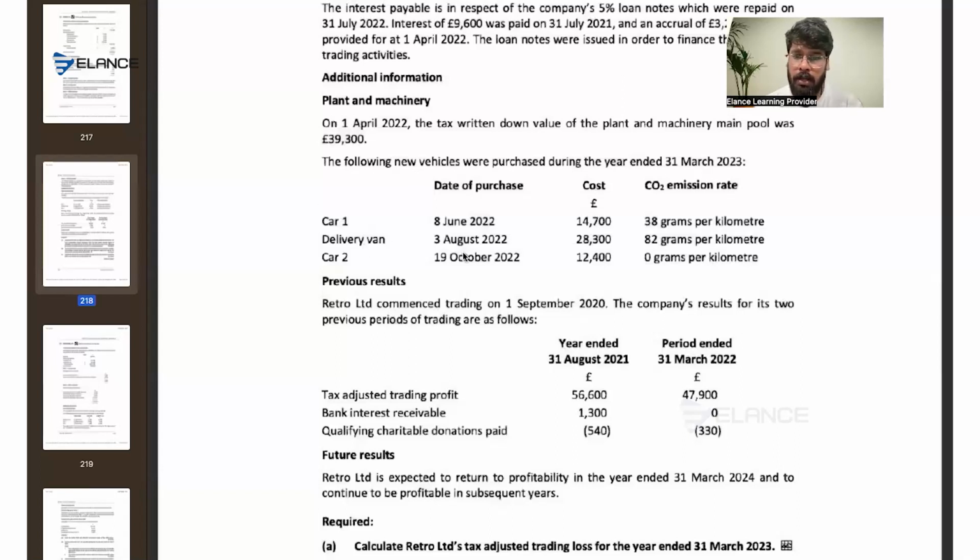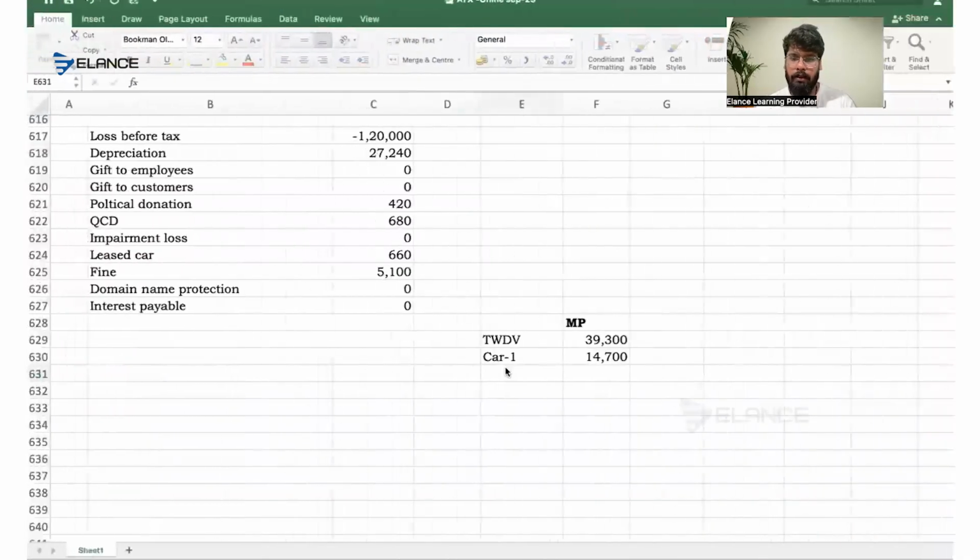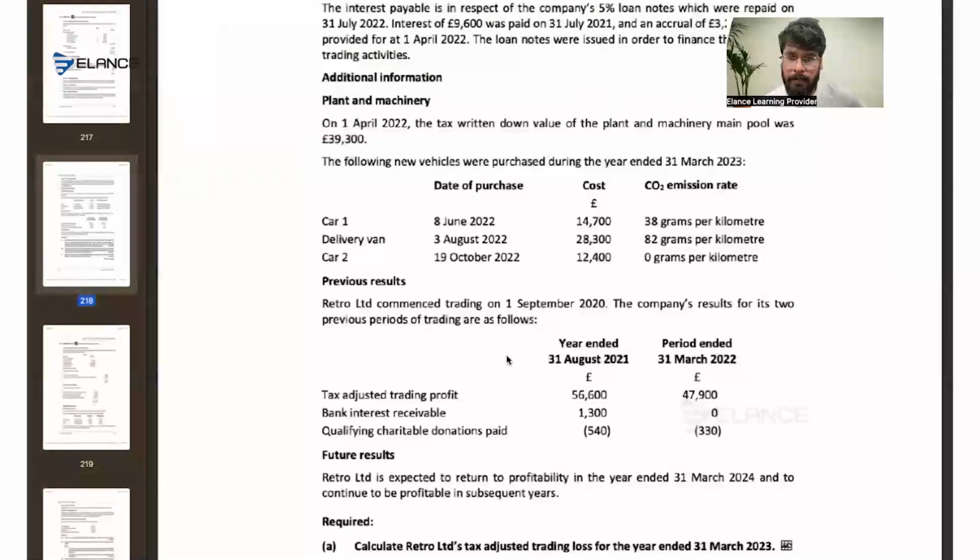The delivery van's value is 28,300. Even if it is a vehicle, we will consider it like machinery. It will not come under the category of cars. It will come under equipment and machinery, so the delivery van will come under the main pool.